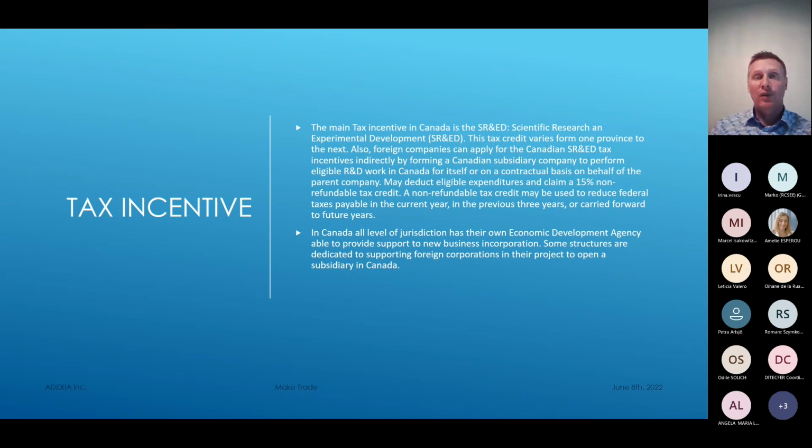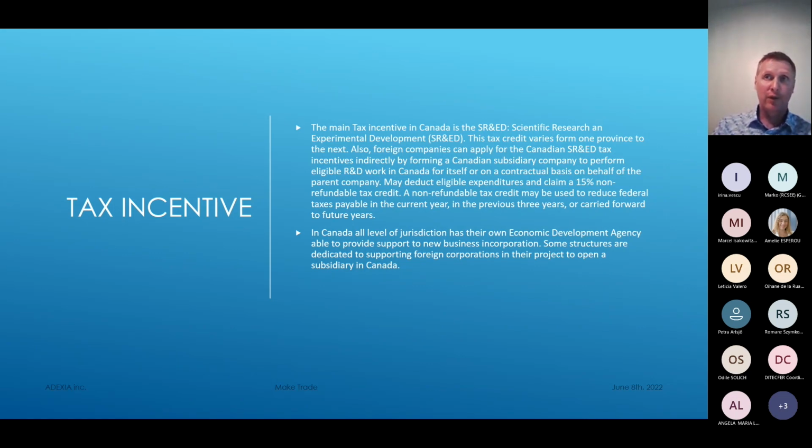So depending on what you do, what your field of research or development is, it's always a good idea before you start your subsidiary to choose the best province where you can get the best tax incentive for your program. To be able to benefit from those tax incentives, obviously, you need to incorporate in Canada.